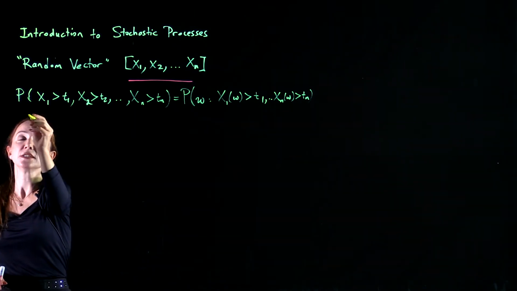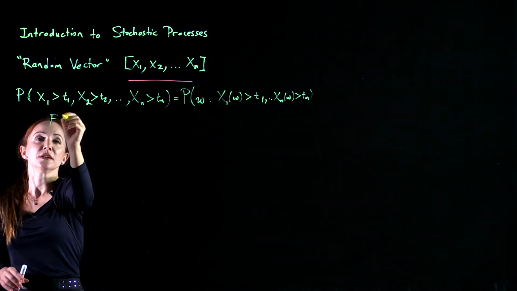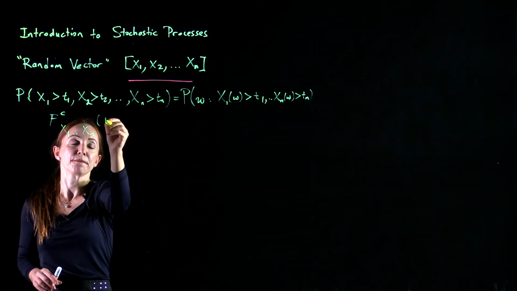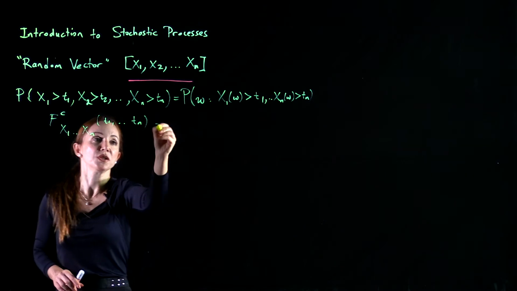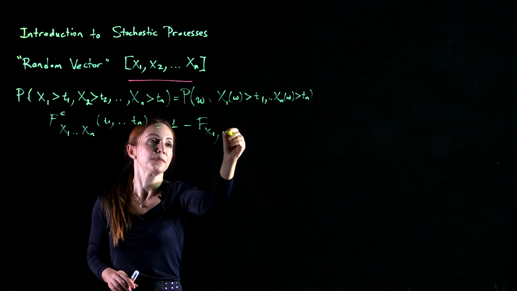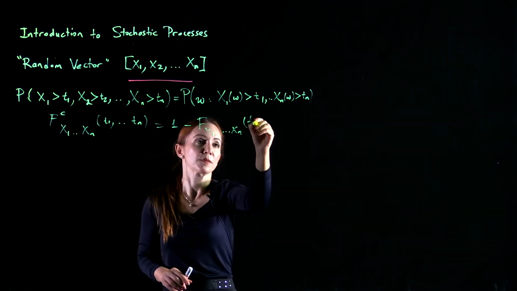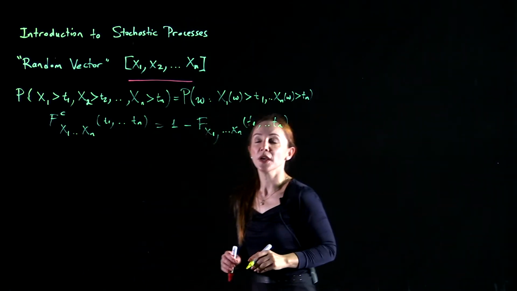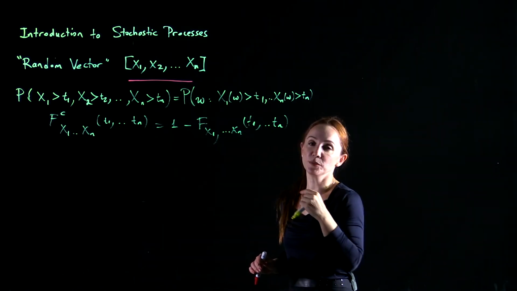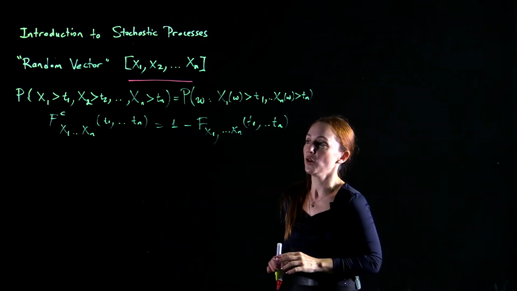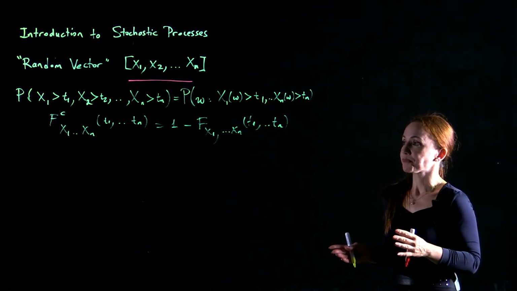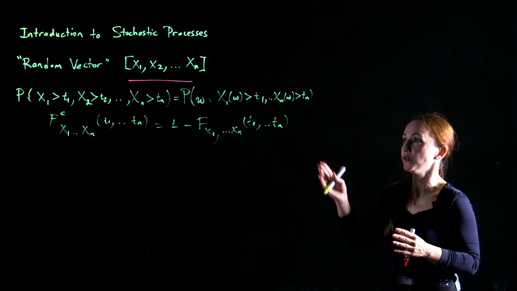So basically, this is the complementary CDF, which is 1 minus the CDF, right? Right. Now, in the case when this CDF is differentiable, we can talk about a joint probability density function for the random variables.